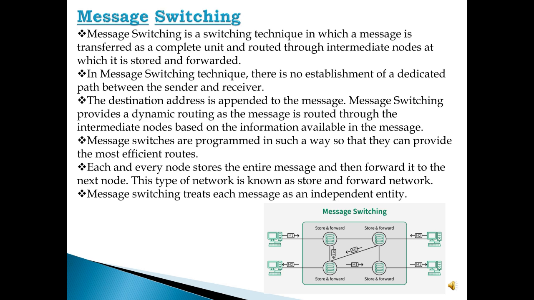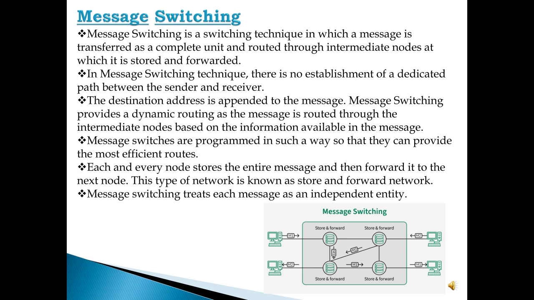Each and every node stores the entire message and then forwards it to the next node. This type of network is known as a store and forward network. Message switching treats each message as an independent entity. Here we can see a small architecture about message switching, the way it travels.